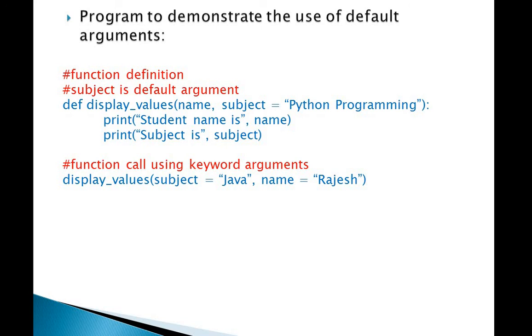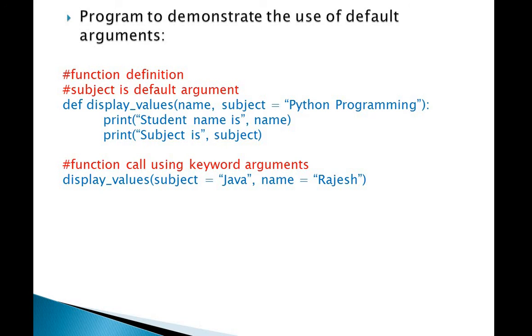This is an example of the keyword arguments method. Why? Because subject is assigned the value Java and name is assigned the value Rajesh. So both the variables are having their names. Both the values are assigned to respective keywords, to respective parameter names.